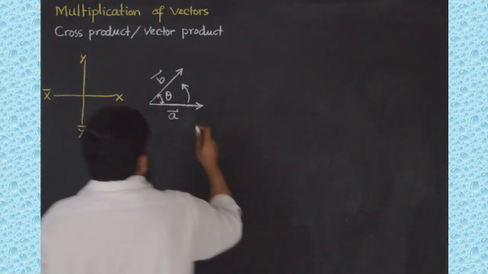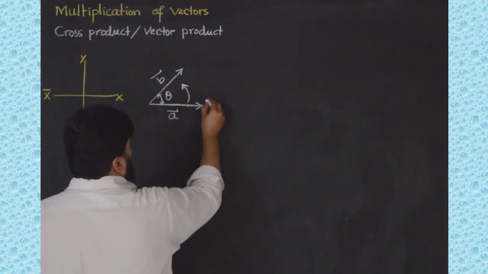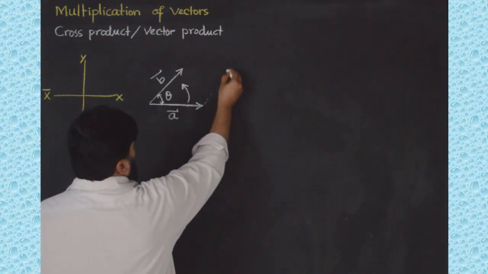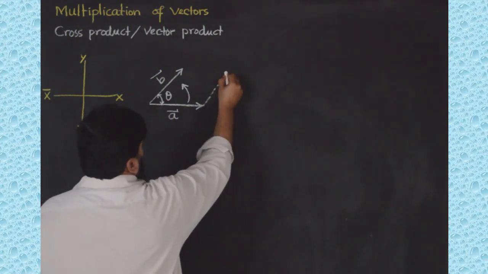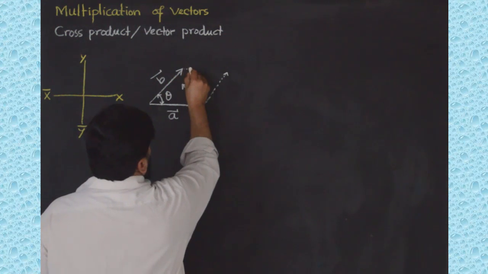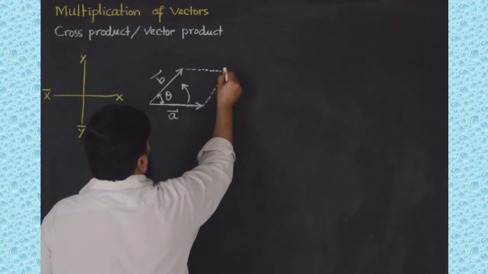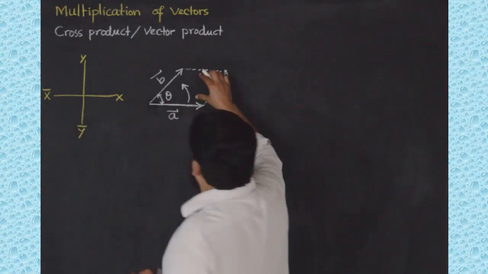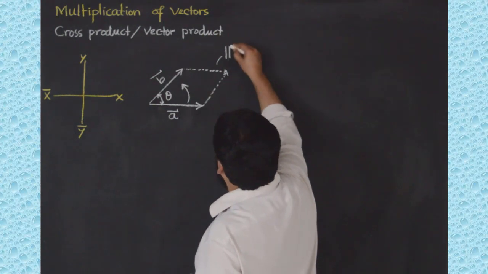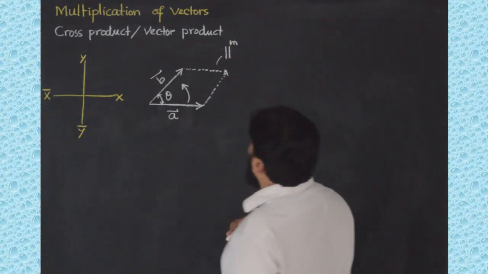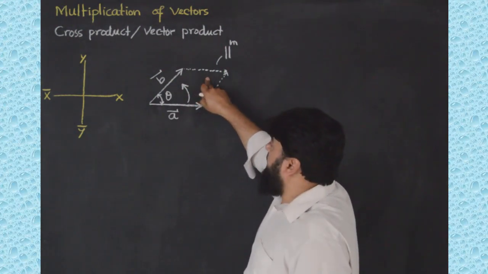That area will be, if I consider this vector here, keeping the angle the same, this vector here, and then this vector I consider here, it will give me this much area, which we call the area of a parallelogram. So this much area will be swept.